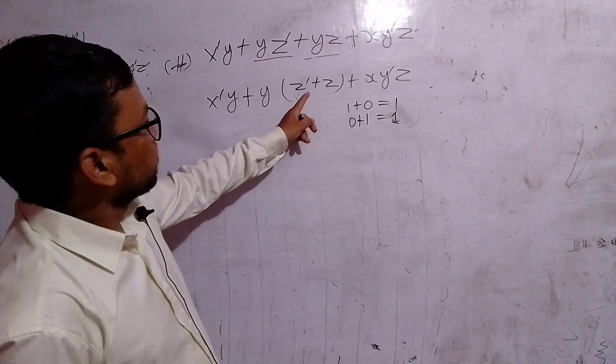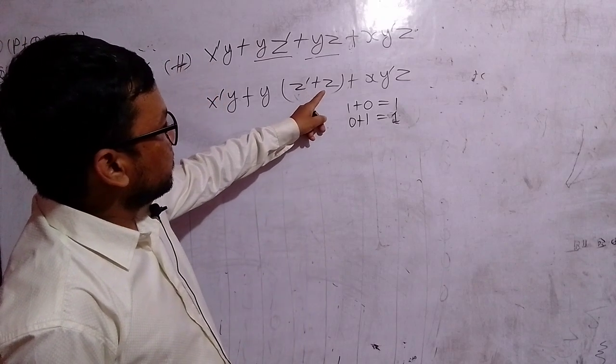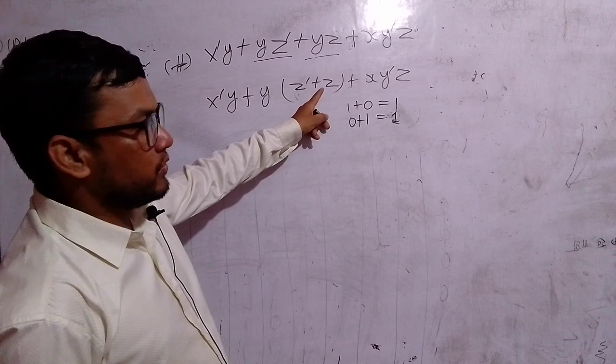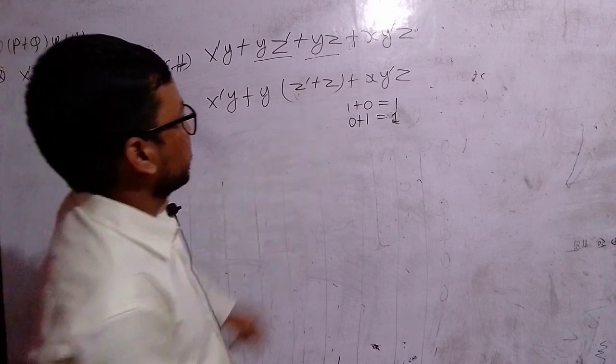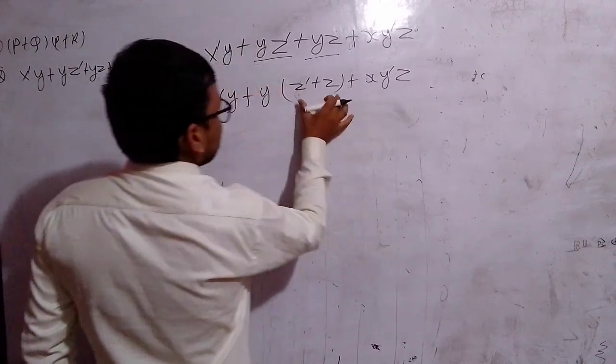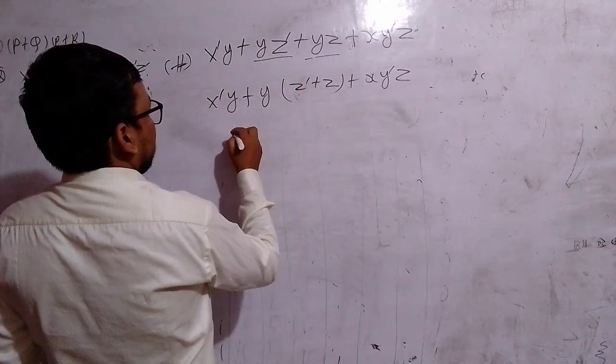That means if we do the OR operation of a variable with its complement, it gives 1. Now we can replace this expression by 1.